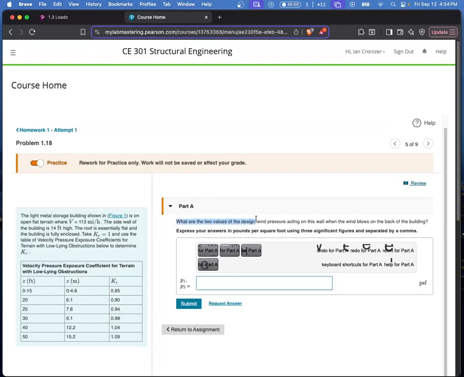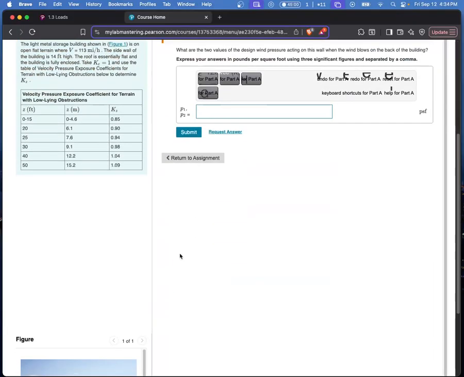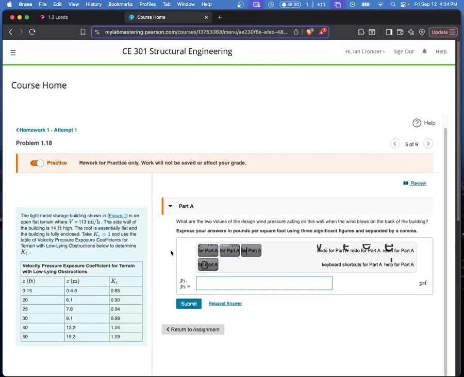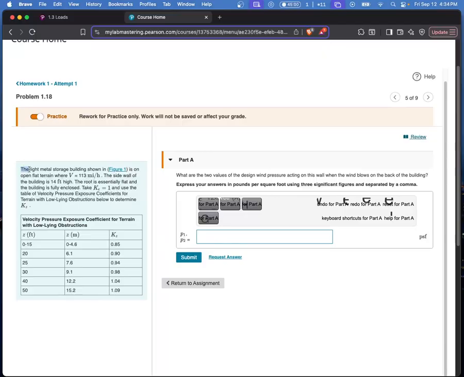What are the two values of designed wind pressure acting on this wall when the wind blows on the back of the building? Let me make sure it's not asking for sidewall. The light metal storage building shown in figure 1 is on open flat terrain where V equals 113, and the sidewall of the building is 14 feet high.